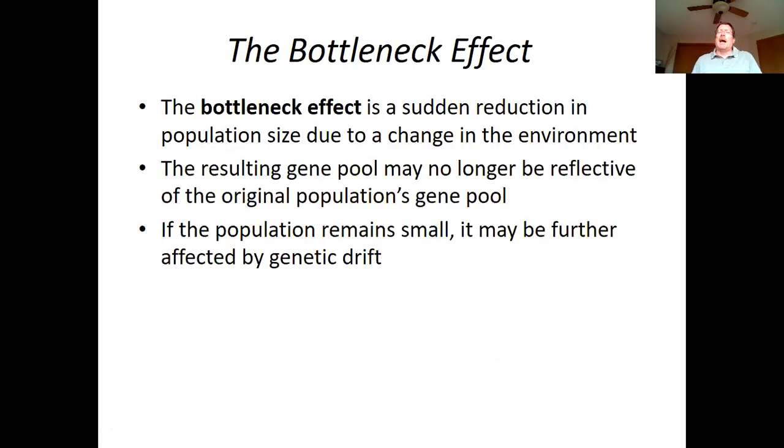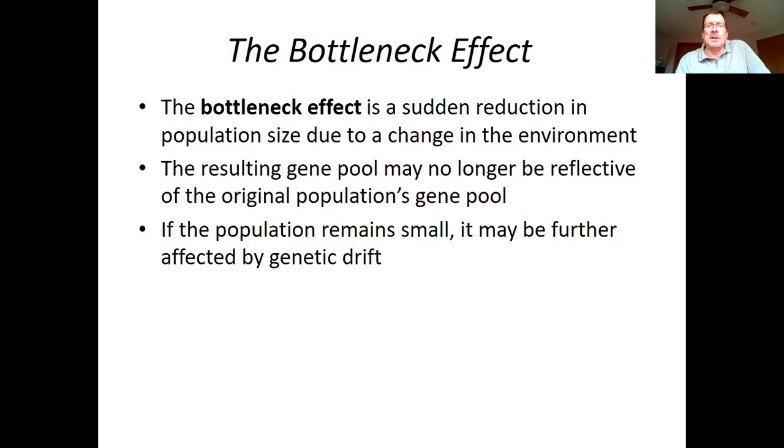Okay. Another one is called bottleneck effect in genetic drift. And you can see this is natural disasters. As it says, bottleneck effect, sudden reduction in population size due to a change in the environment. Just think of a natural disaster that suddenly maybe wiped out a bunch of things, a flood, a massive heat wave, a fire in the forest, a big raging fire in the forest, tornado, anything along that line.